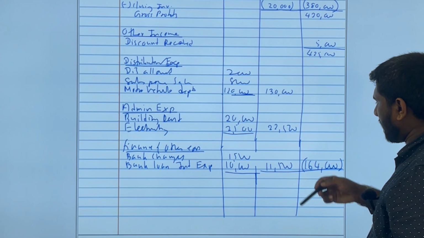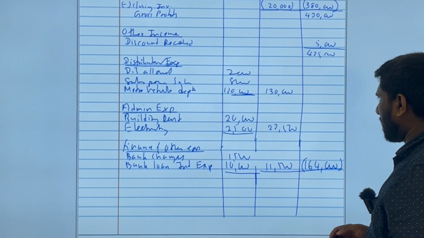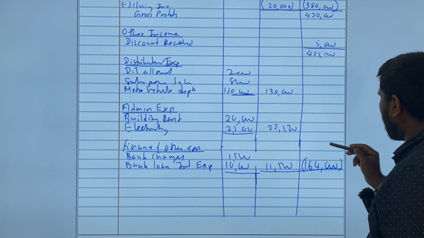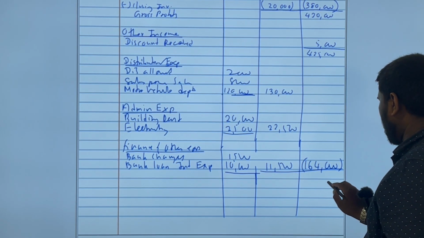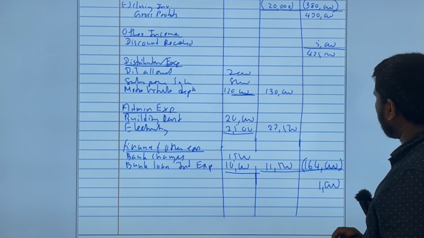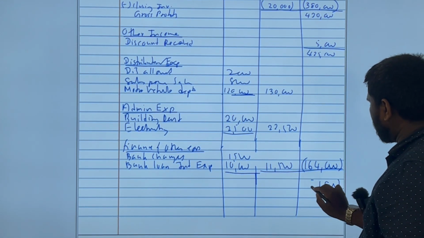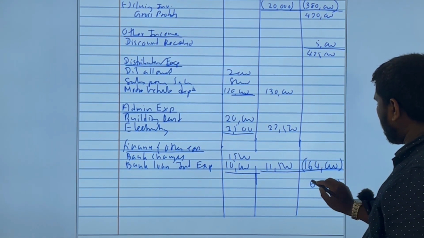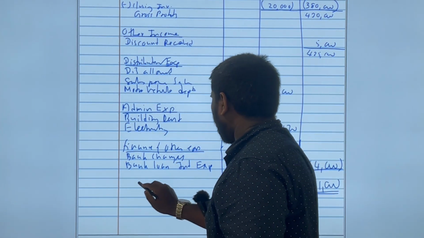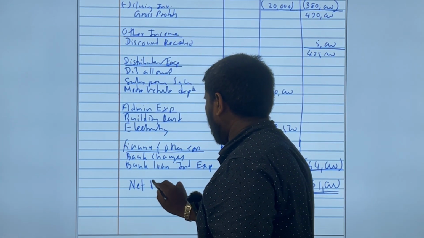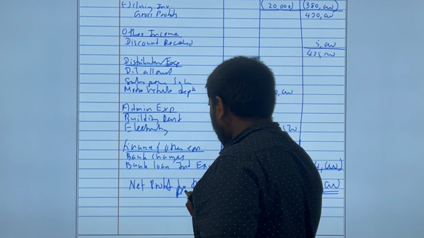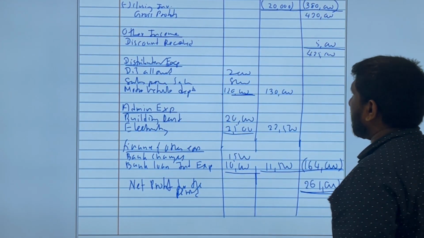So 425 minus 164, 261,000. This is the net profit for the period.